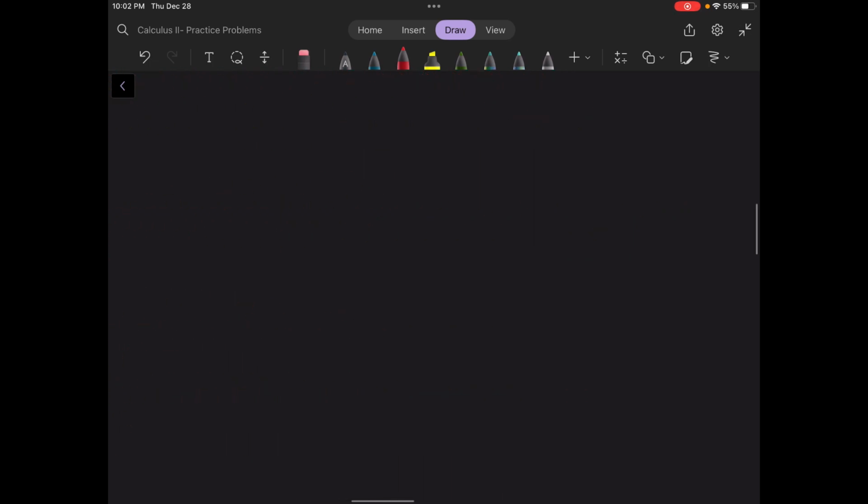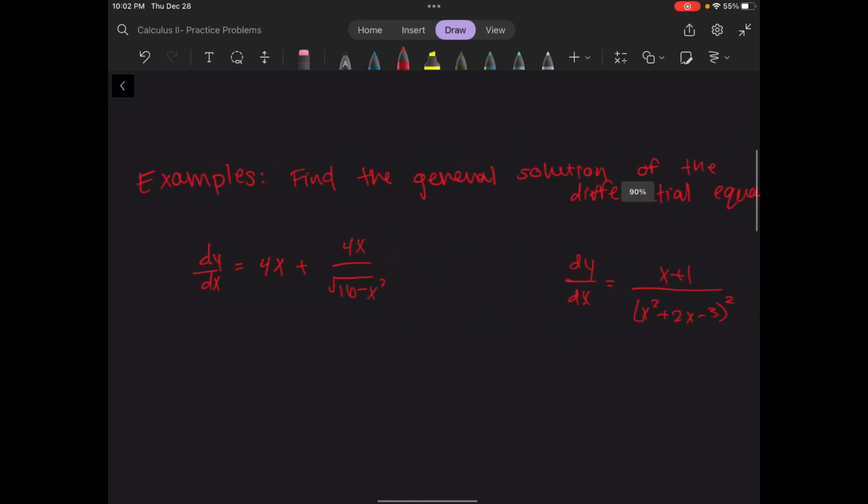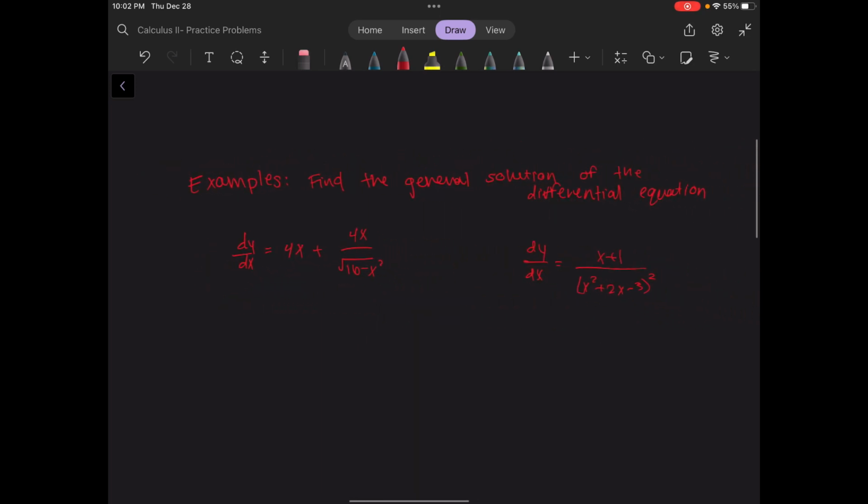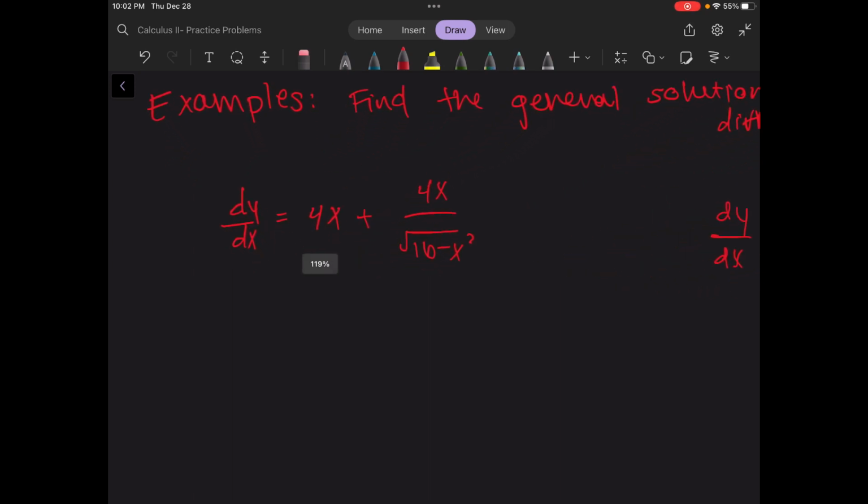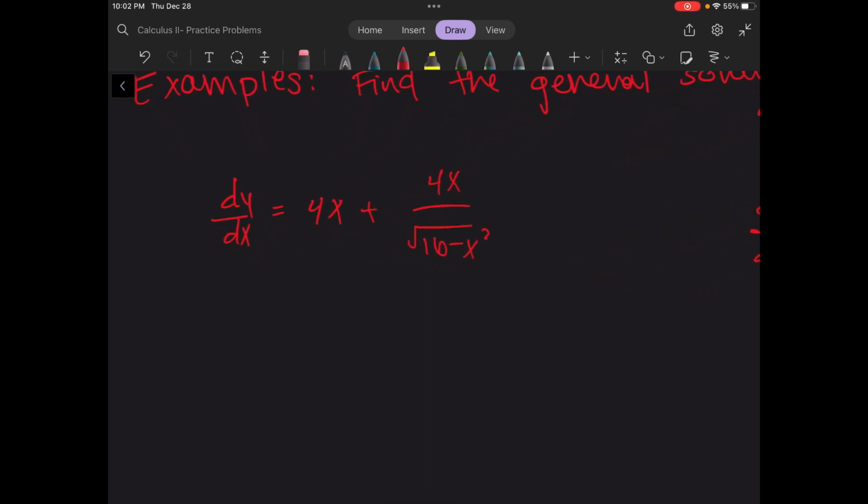Now, let's look at another example, which is finding the general solution of the differential equation. Now, you might think, what does this have to do with integrals? I don't see an integral anywhere on this page.